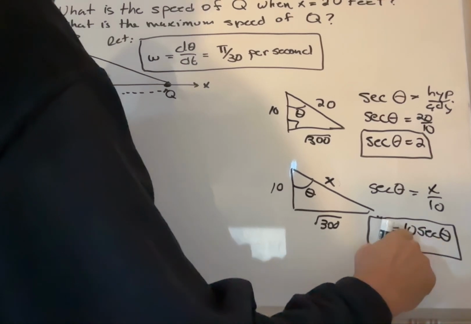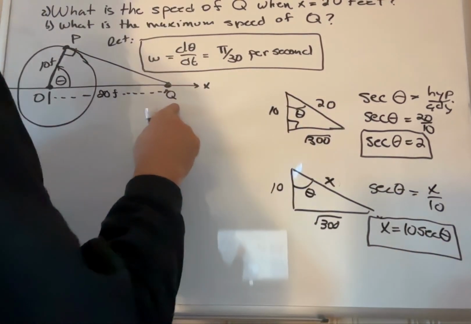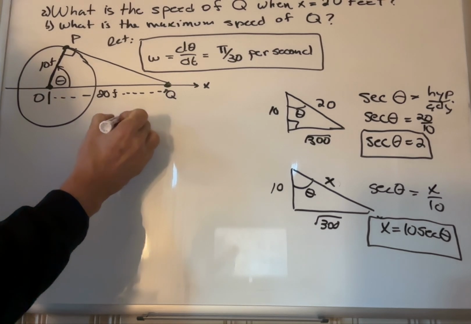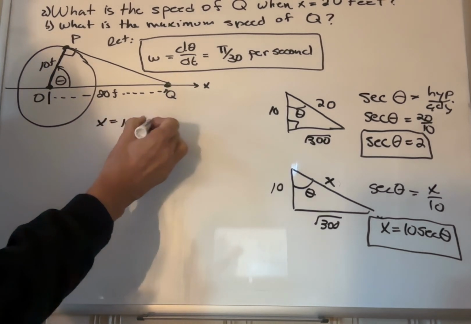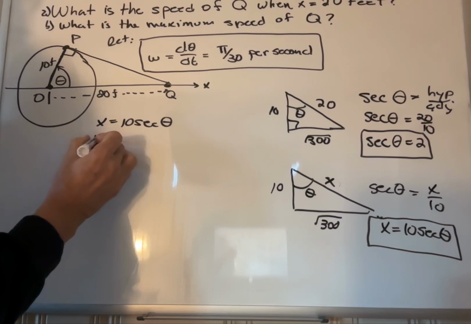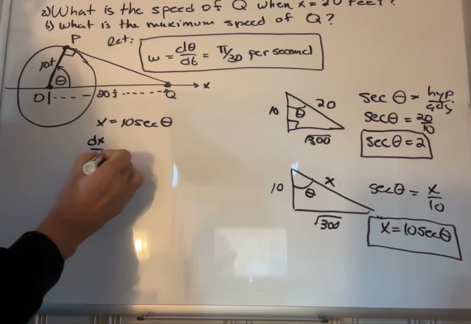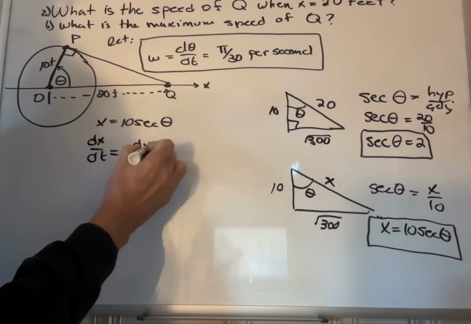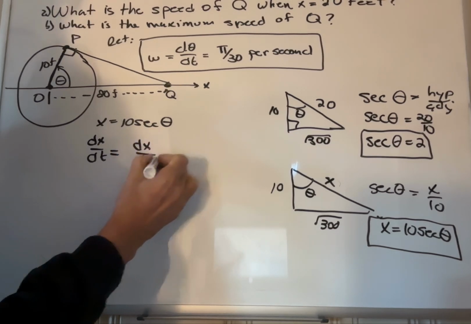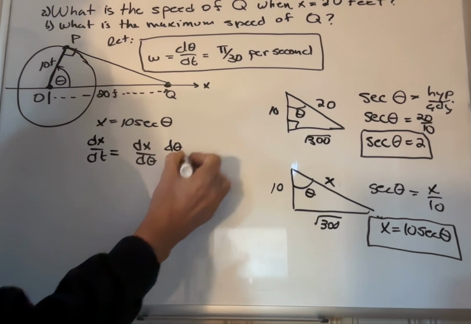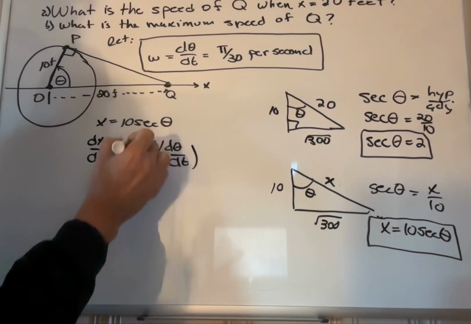Let's look at our general equation. We're going to take the derivative of this thing to find out the velocity of Q. So x is going to be equal to 10 times the secant theta. So dx/dt, don't forget to use the chain rule, is going to be dx/dθ times dθ/dt.